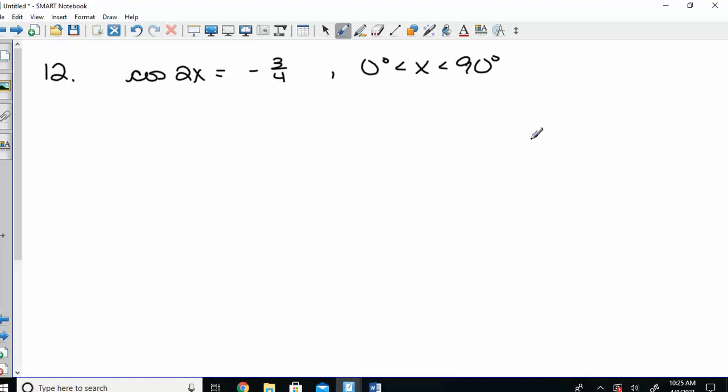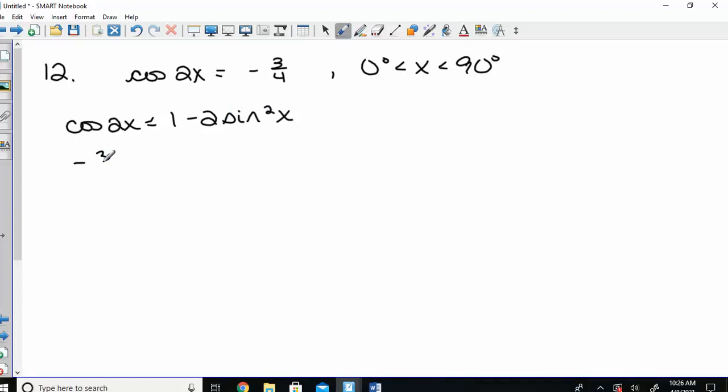To find the first one, you really just have to use a formula. And if I only asked you to find one of them, I would just use a formula to do it. Let's say I wanted to find the sine of x. Which formula would you use? 1 minus 2 sine squared. So we can plug in.